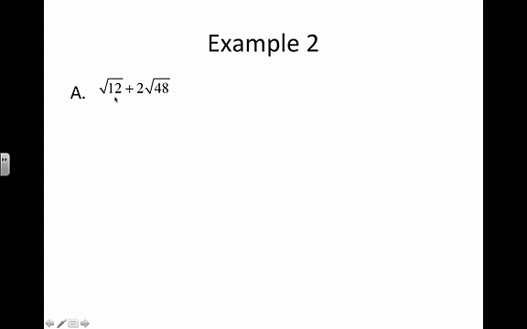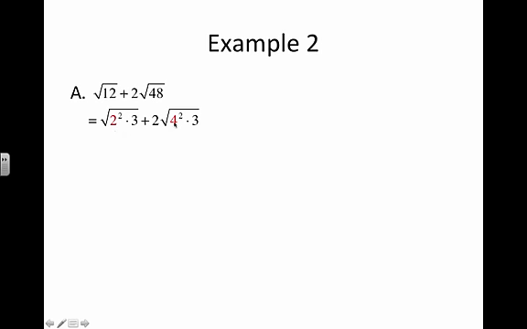12 has a perfect square factor of 4, so 12 is equal to 4 times 3. We can write 4 as 2 squared. And then our plus 2 times the square root. 48 is 16 times 3, and 16 can be written as 4 squared. So 48 equals 4 squared times 3. In my first term, the 2 can come out, and so I'll have 2 square root of 3.